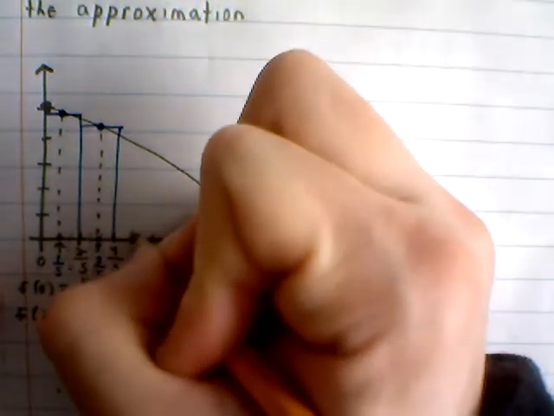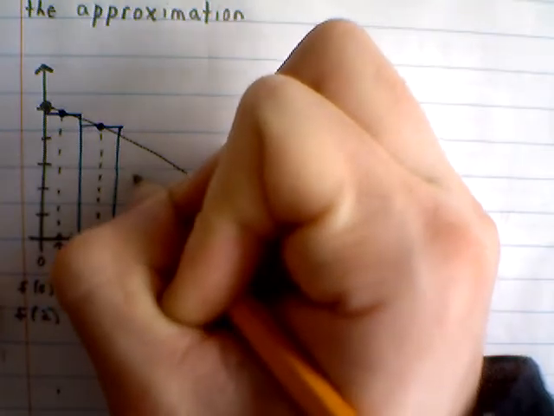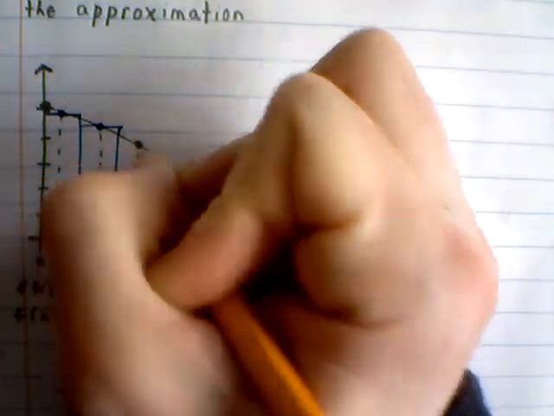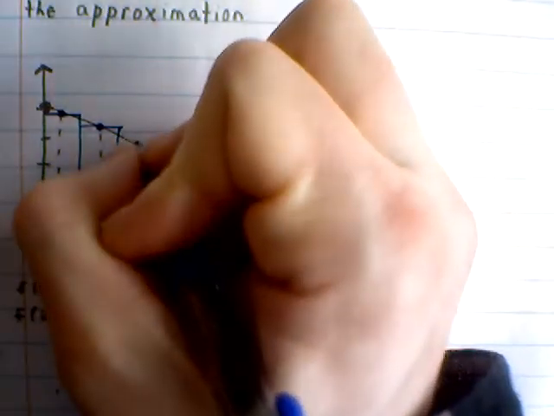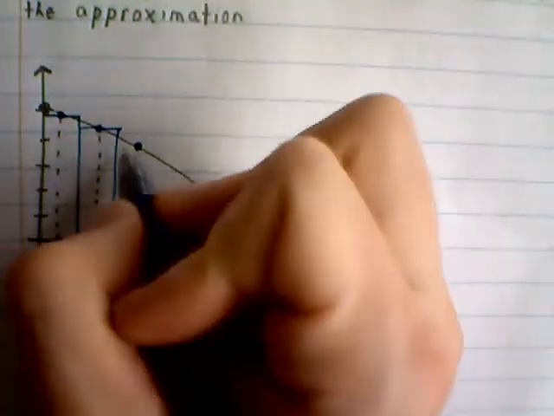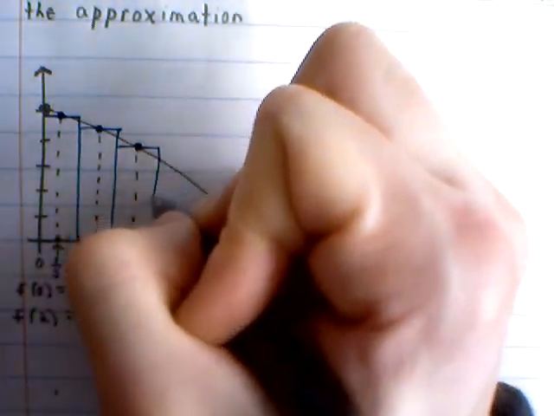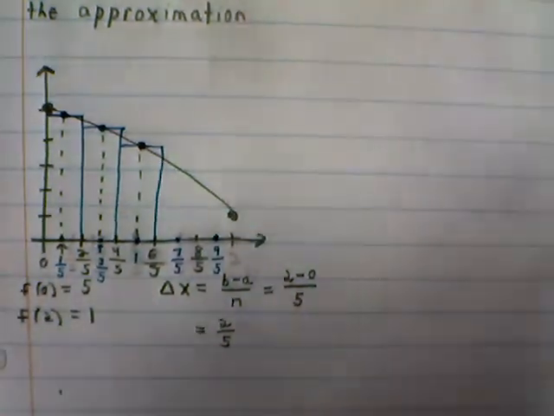Next, I'm going to take 1 up to the curve. Plot f of 1 and take the rectangle to the left endpoint of the subinterval and the right endpoint.